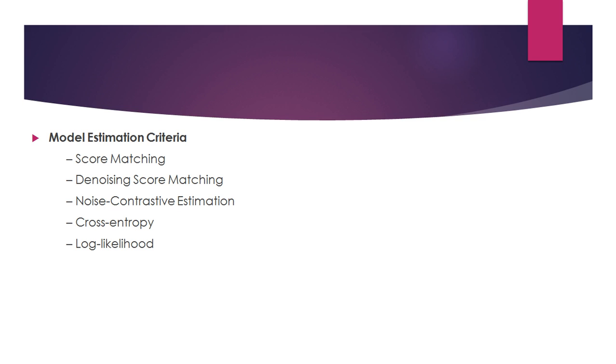The next thing is the model estimation criteria. Model estimation includes maximum likelihood, cross entropy, where entropy is about finding the information gain, score matching, denoising score matching, log likelihood, and noise contrastive estimation.